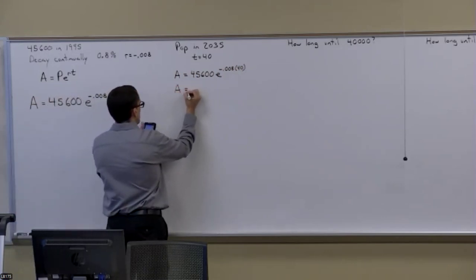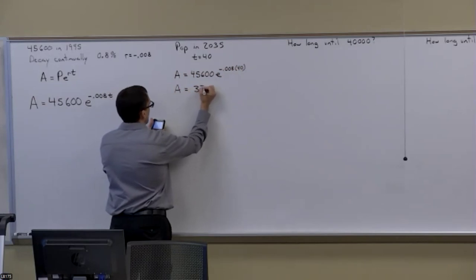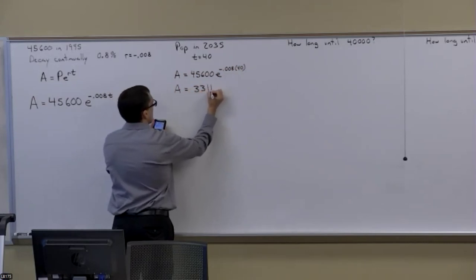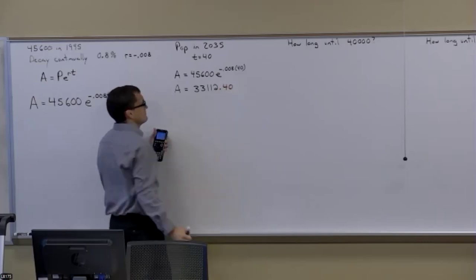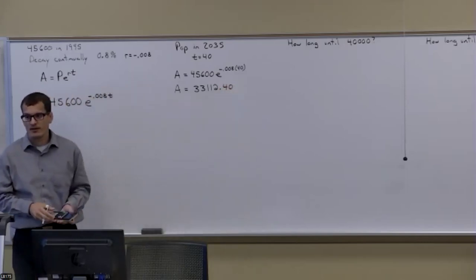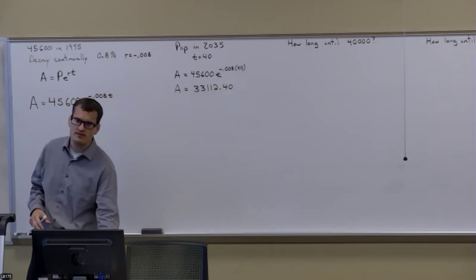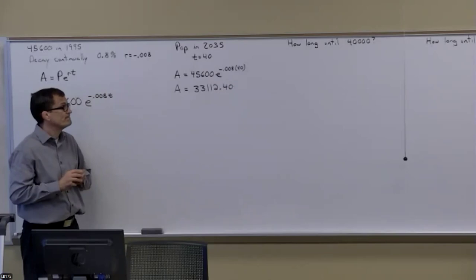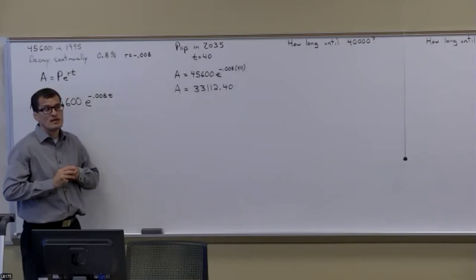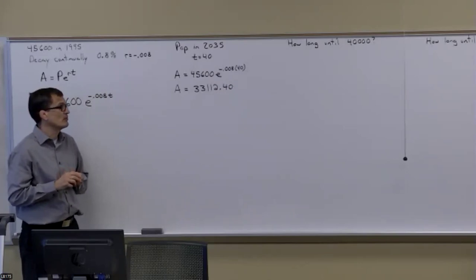And if I round to 2 decimal places, I get 33,112.40. That's rounded to 2 decimal places. Since this is population, it might ask you to round it to the nearest whole number.